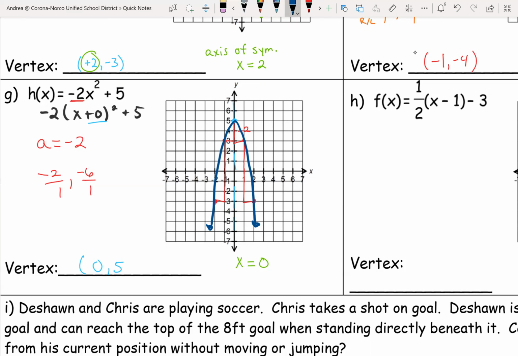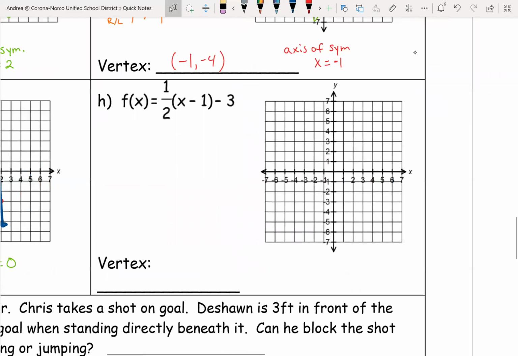Okay, what's going to happen if a is 1/2? Same ideas, we're going to be looking for the vertex. Matthew, what's the vertex? Good. The vertex is the opposite, which is +1 and -3.